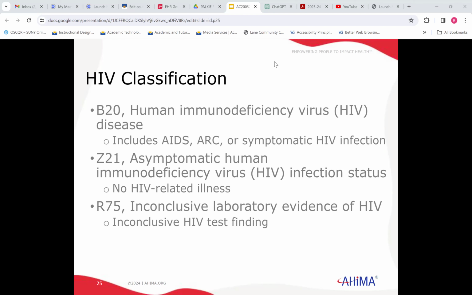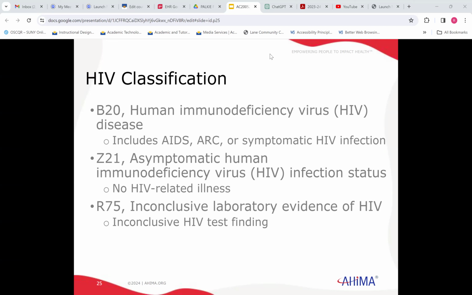The code for active cases of AIDS or AIDS-related complex, or what you see sometimes described in the records as symptomatic HIV infections, are all the same code. They're B20. We also have asymptomatic HIV infectious status. So in other words, these are people that test positive, but they have no active symptoms. These are not B20. These are asymptomatic, meaning no symptoms.